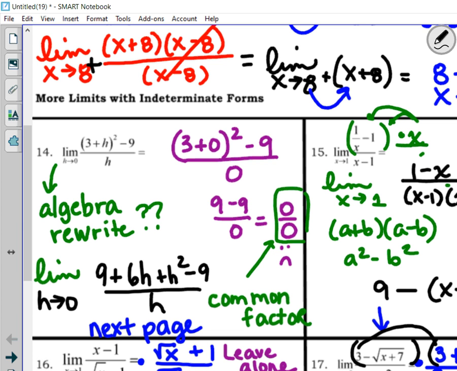The other 2 parts, I just leave them. 1 over x minus 1 times x, yeah, that makes that look a little different. Denominator stays the same. Just times an x. Opposites gives me -1. Value of the limit, -1.